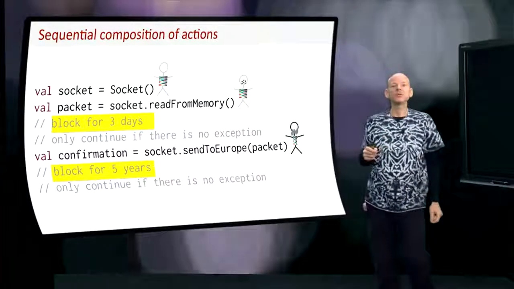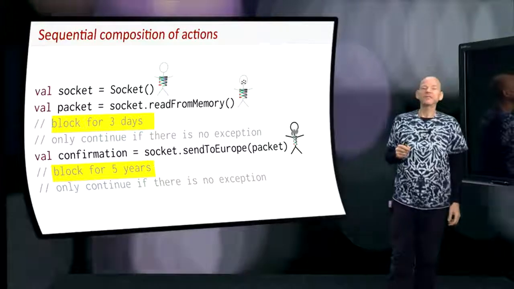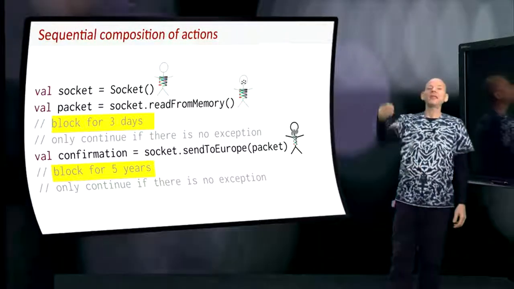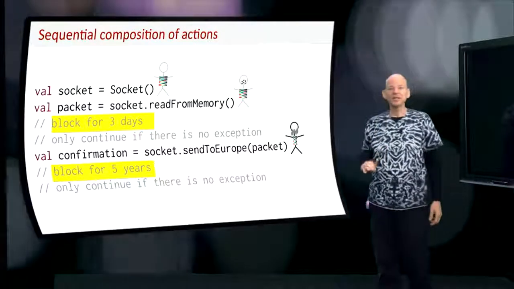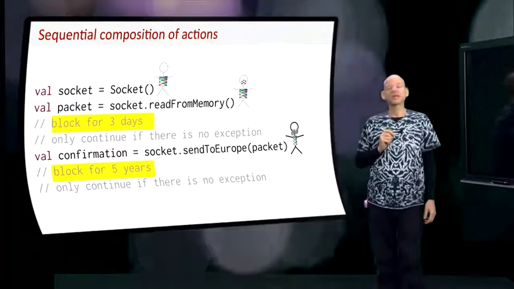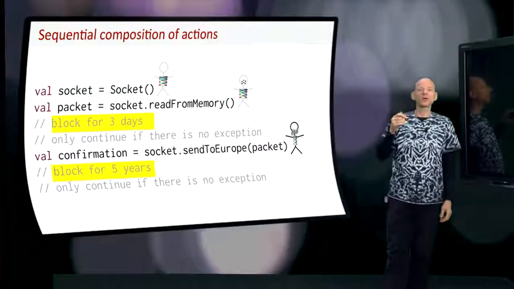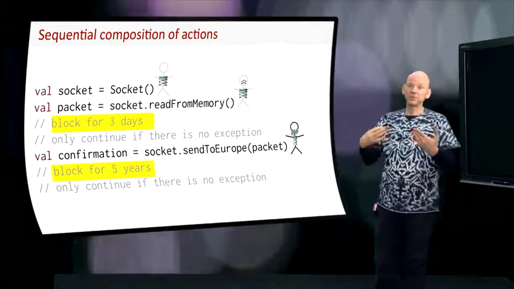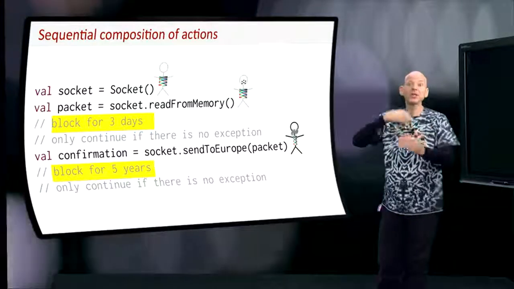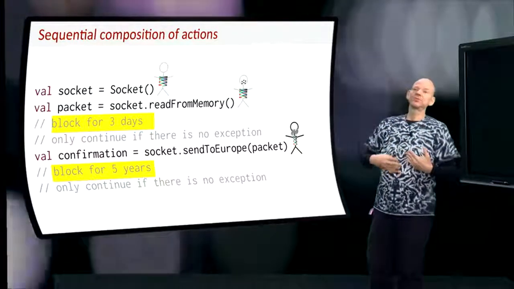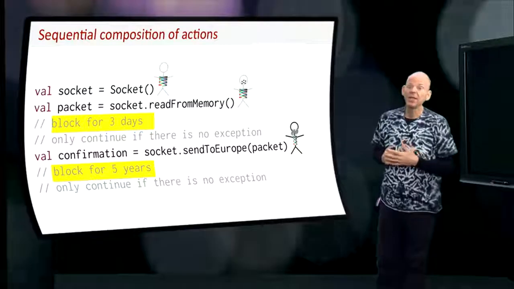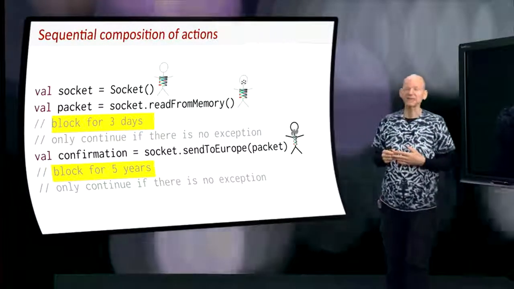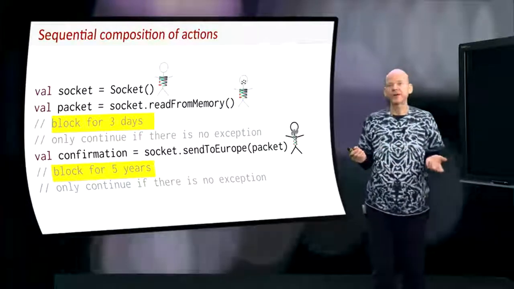Because we don't want reading from memory to block for 3 days, sorry, and then sending the packet to Europe and back to block for 5 years and only continue when there's no exception. If you look at real life, when we communicate with people, imagine that you would ask a question to a person and it would take 5 years before you get an answer. You're not going to wait 5 years.